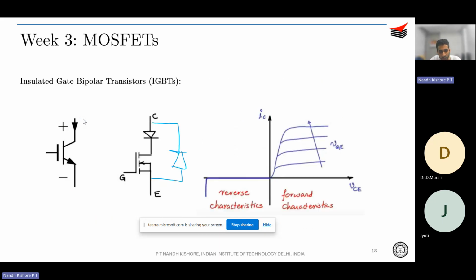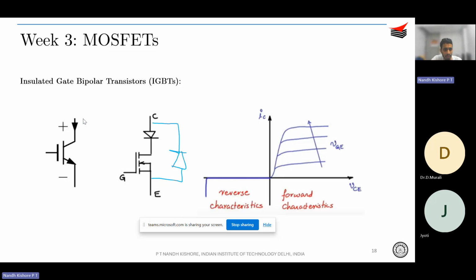But the point is, if you have to go for high voltage applications, BJTs can actually withstand very high voltages. MOSFETs are not rated for high voltages. Even today, commercial MOSFETs are somewhere around 1.2 kV. There are 1.7 kV MOSFETs, and some people have started researching 3.3 kV MOSFETs, but most commercially available MOSFETs are limited to the range of 1.2 kV.